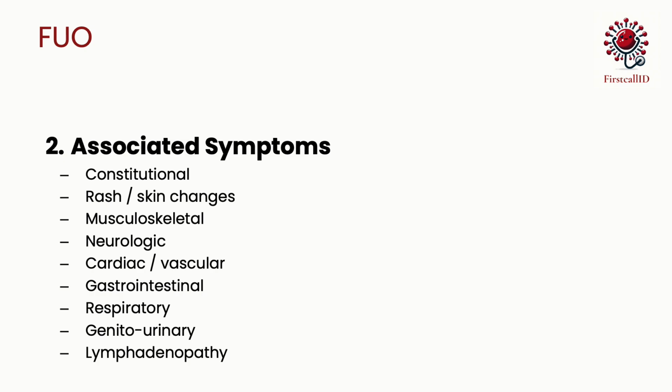And when we assess associated symptoms, it's really a complete review of systems. And this is where a lot of our early clues will come from. So we'll ask about constitutional symptoms, night sweats, unintentional weight loss, any skin changes or rashes that may be transient in nature, musculoskeletal complaints, neurologic symptoms, headache, neurologic signs or deficits, cardiac symptoms such as chest pain or symptoms of heart failure, any vascular symptoms, gastrointestinal symptoms like nausea, vomiting, diarrhea, constipation, abdominal pain.